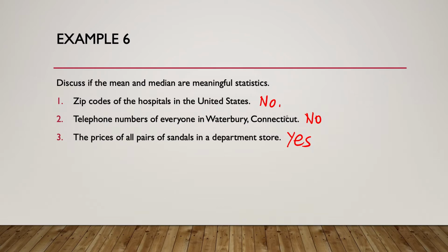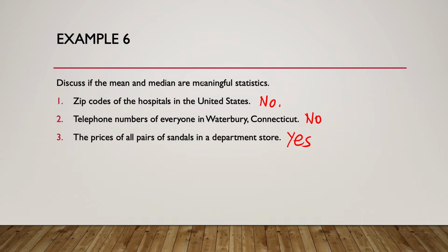If we want to see if a mean or median are meaningful in these following scenarios. Zip codes of the hospitals in the United States. Well, a zip code is just a location. What's a mean zip code or a median zip code? Makes no sense. So no, it is not meaningful. Telephone numbers of everyone in Waterbury, Connecticut. It doesn't really particularly matter where.